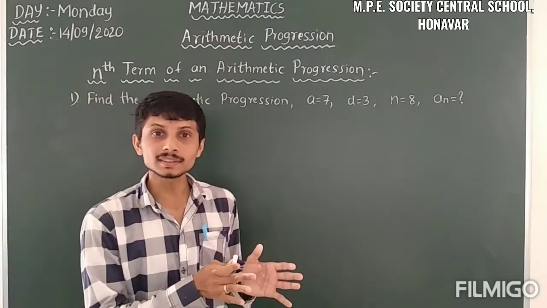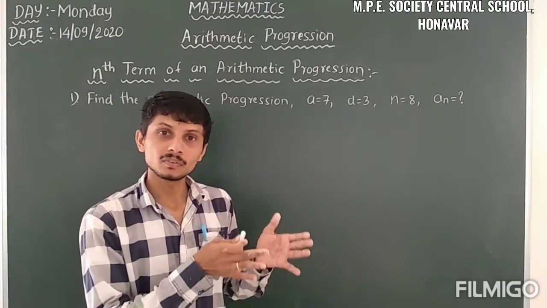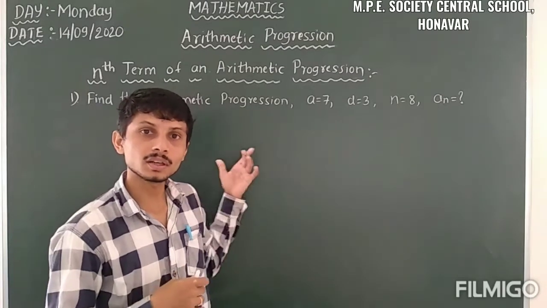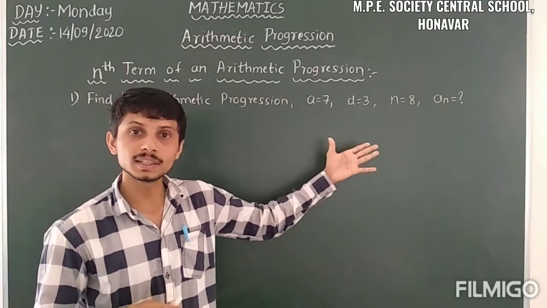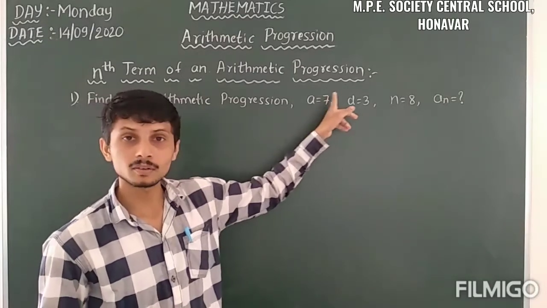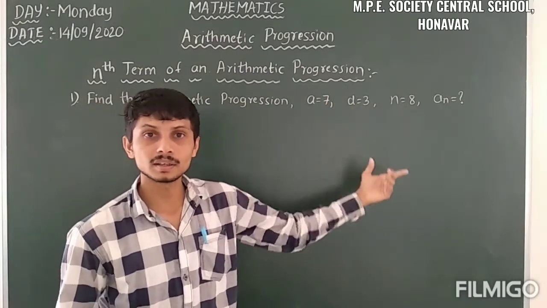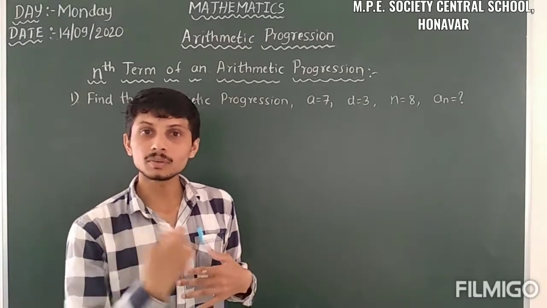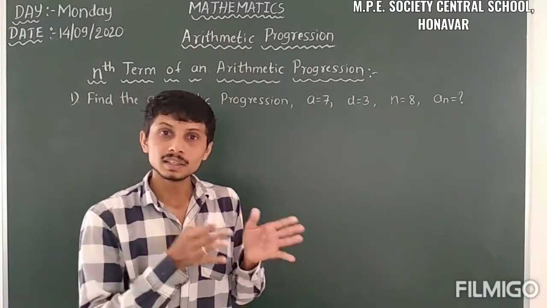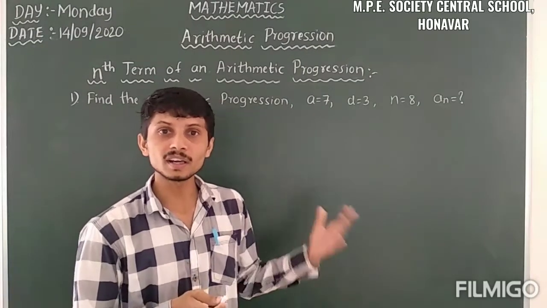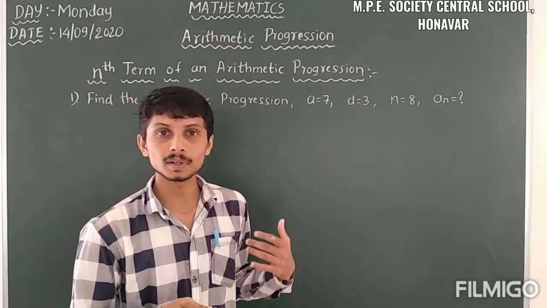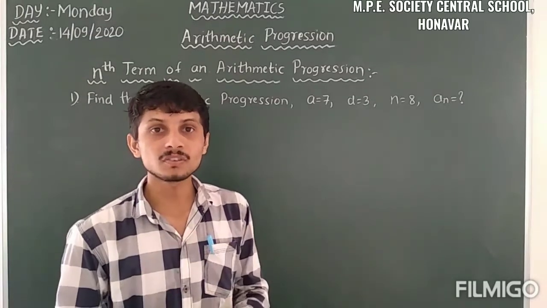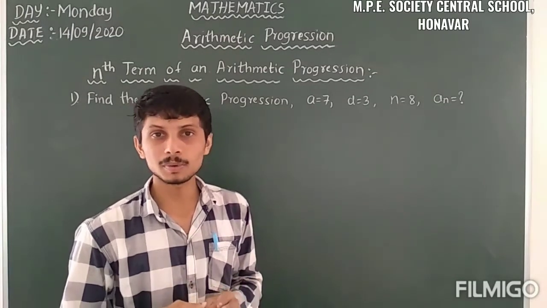Here there are two cases. Firstly, we can write the series: from 7 we add 3, 10, 13, 16, 19, 22, like that. But the easiest way to find that number is using the formula to find the nth term of an AP.